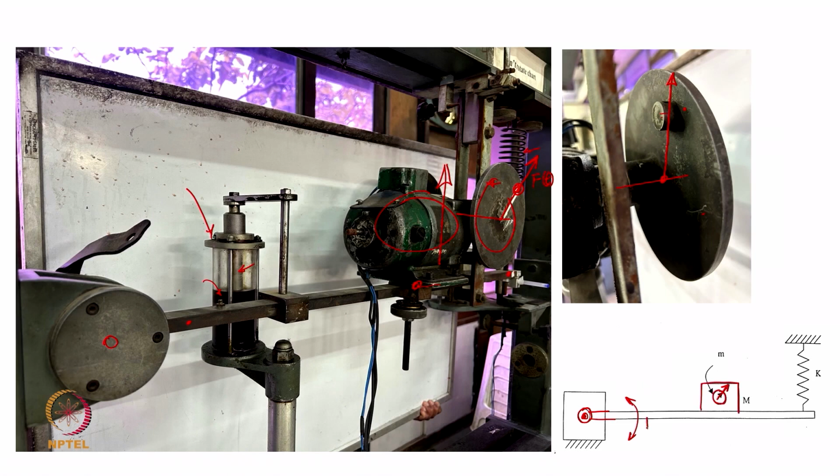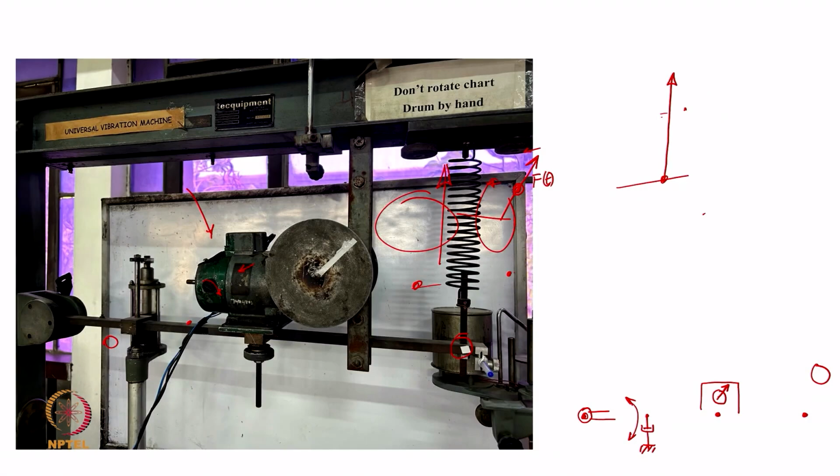There is of course a dashpot here. You can see that there is a dashpot which is attached here. Schematically I can show a dashpot like that, and then the mass sitting here and the restoring force created by the spring which is at the tip. So, this is the end of the beam where the spring is connected. So, you have this kind of a spring mass dashpot system comprising this particular vibratory system.